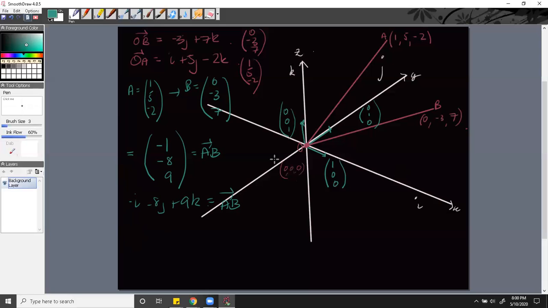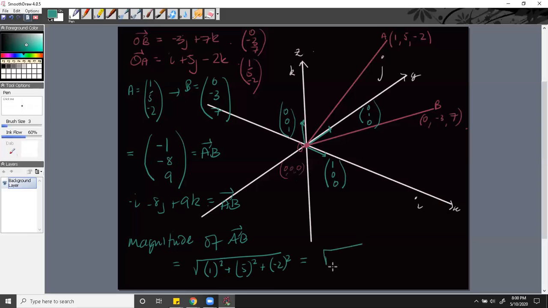Similarly, if we wanted to work out the magnitude of, say, vector AB, we'd just say that it's the square root of 1 squared plus 5 squared plus minus 2 squared. So that would be the square root of 30, the magnitude of AB, always the straight brackets there. 25, 26, yes, 30.